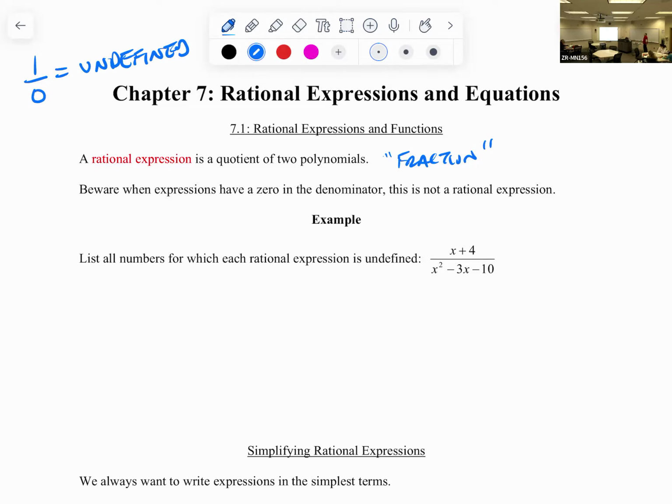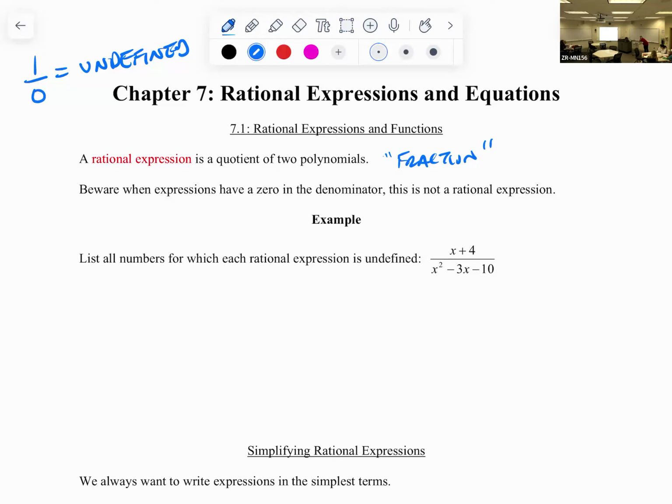So, same thing. Variables represent numbers and you can't end up with a 0 in the denominator. So that's something we're going to continually have to check. Now, the good news is that for this first one, list all the numbers for which the rational expression is undefined.